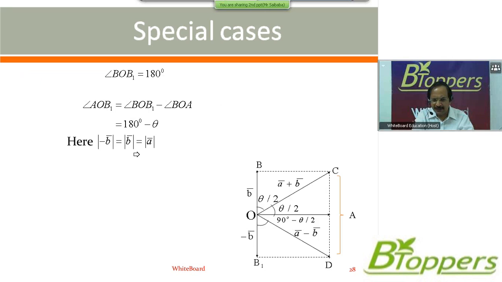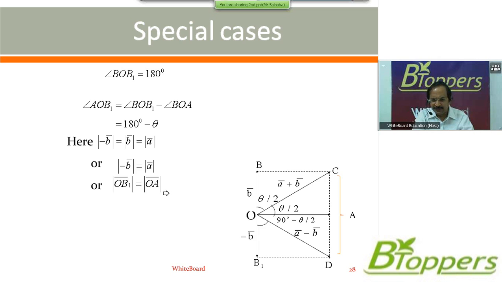So mod of minus B bar is same as mod of B bar, which is equal to mod of A bar. So in the figure, angle AOB1 is 180 minus theta. That is the angle between A bar and minus B bar. So the diagonal OD bisects the angle AOB1. Here, mod of vector OB1 bar is same as mod of vector OA bar.